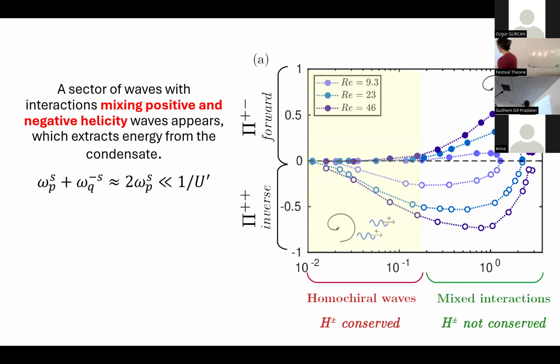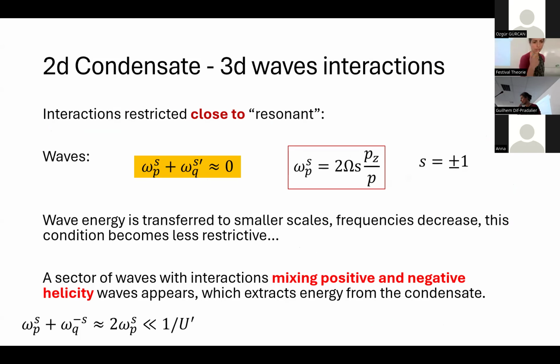Okay, and this is what you actually see. I mean, I'll say it in a minute. So the condition is different, right? Before what we had is same helicity, and this condition then gives you the derivative of the frequency.